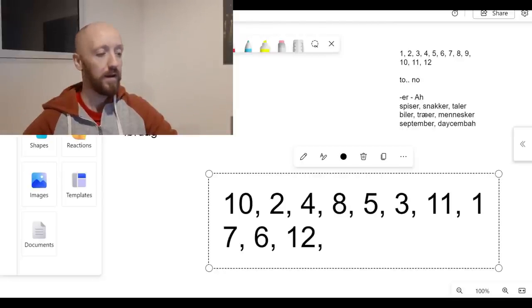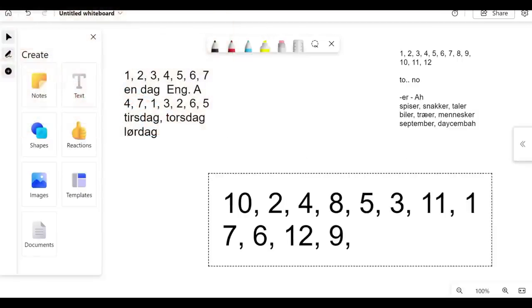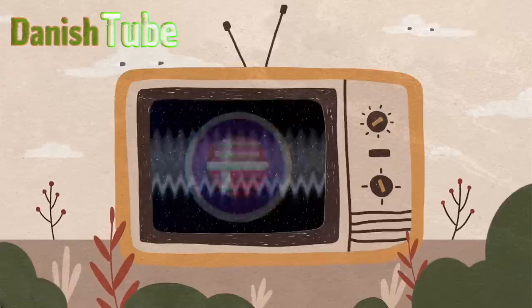December. And am I missing something? 1, 2, 3, 4, 5, 6, 7, 8. Den 9. mangler jeg. 9th. September. September. Sådan. There we go. Busted. DanishTube.